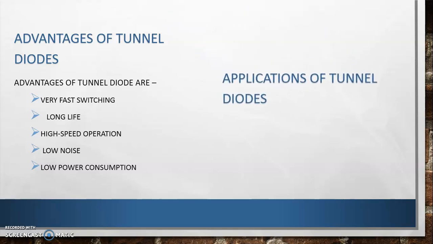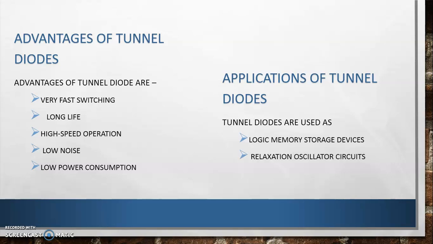Then we'll see different applications of the tunnel diode, meaning in which fields the tunnel diode is used. Tunnel diodes are used as logic memory storage devices. When we have to save a lot of memory, such devices, tunnel diodes, are used.